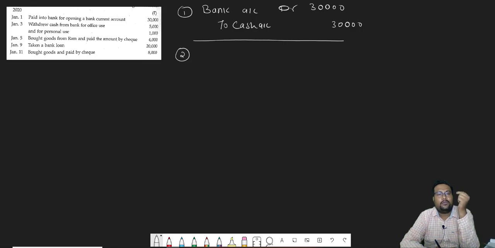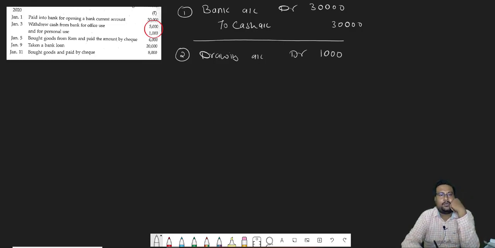Now second one, beta. Withdraw cash from bank for office use and personal use. So in total you are withdrawing 5 plus 1, 6,000 rupees from the bank. When we withdraw anything for personal use, that will be considered as drawing. So drawing account debit 1,000.